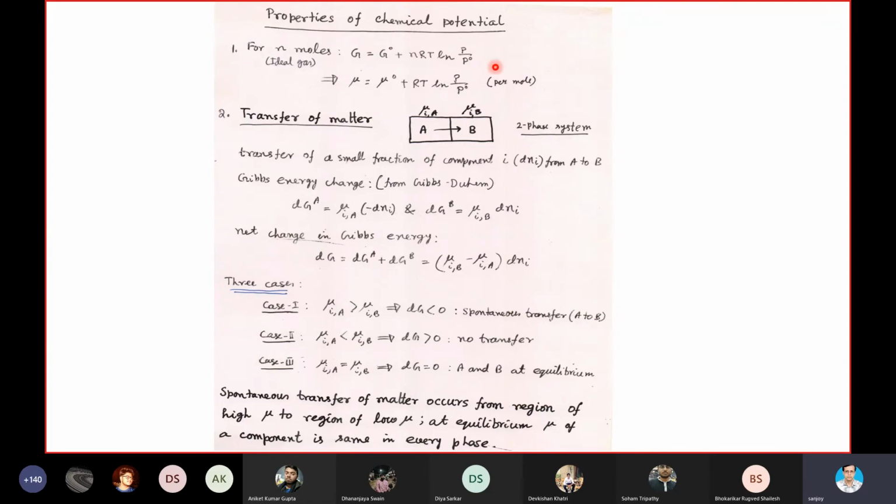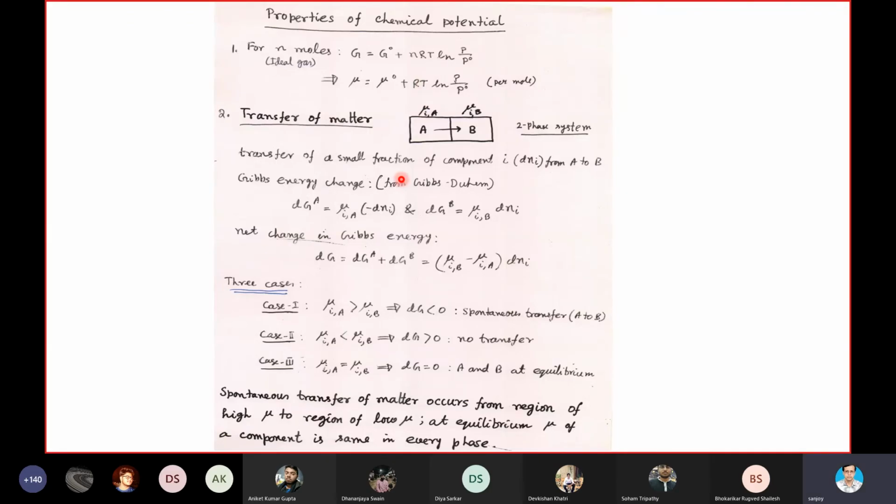If you divide by n, the number of moles, you get per mole, and Gibbs energy per mole is nothing but chemical potential. So we can write mu equals mu0 plus RT, for 1 mole, log P by P0. So this is the form of mu in terms of the pressure of the system. How it varies with pressure, you get to know from these expressions.